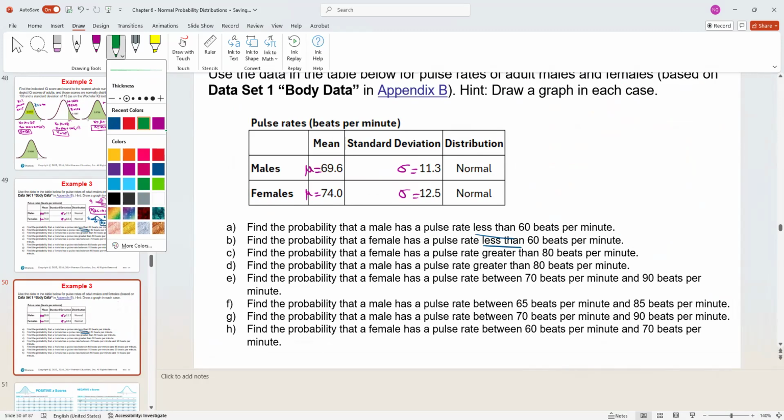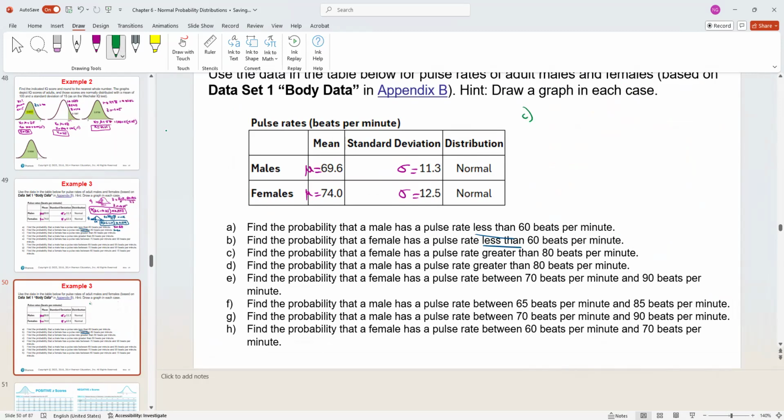Now you see how I do it. I don't need to do male and female each time because now what they ask us to do in C is find the probability that female is greater than, now we are on the right, greater than 80. Suppose 80 is here, that's the X value.